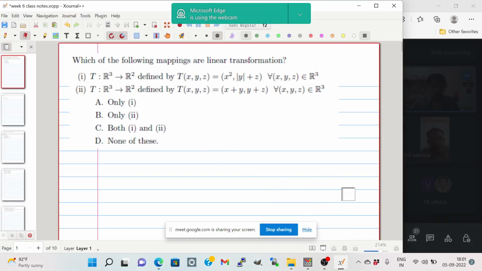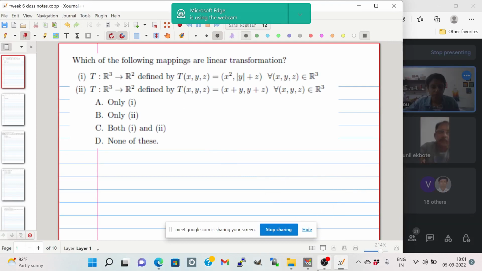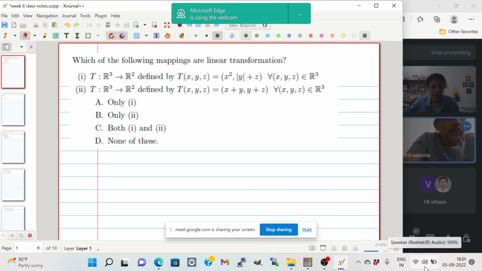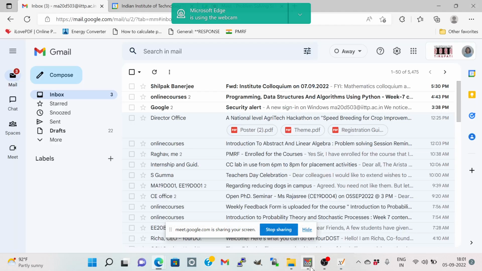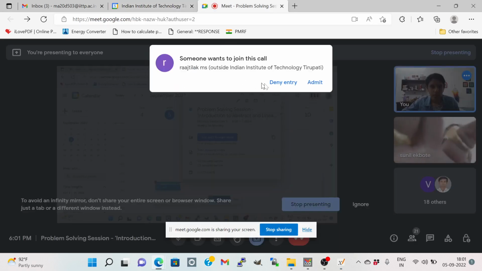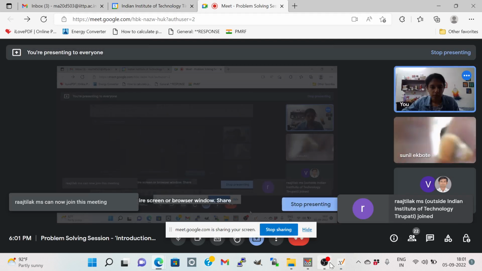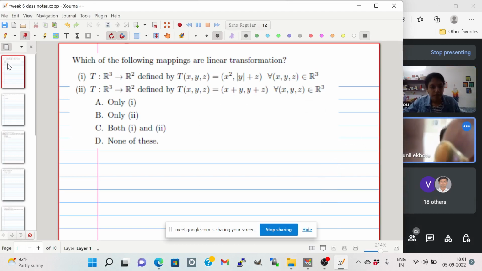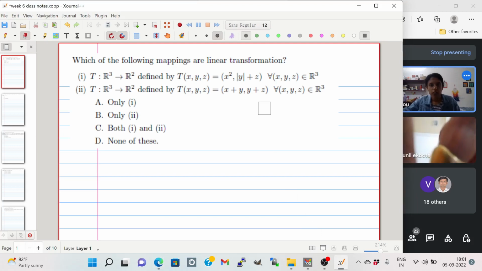Is my screen visible? Is the screen visible to everyone? Okay. So let us start with this problem.